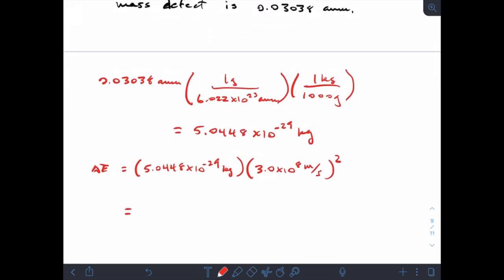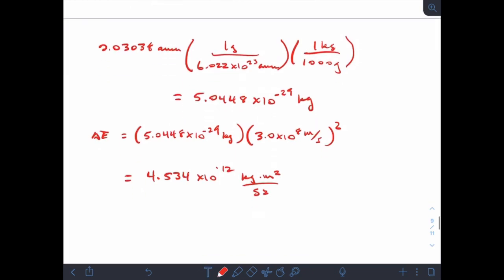We'll find that the binding energy is 4.534 times 10 to the minus 12 kilograms meters squared over seconds squared, or joules. So binding energy is super cool. Understanding how to calculate the energy that holds a nucleus together and the energy required to break it apart creates nuclear fusion.